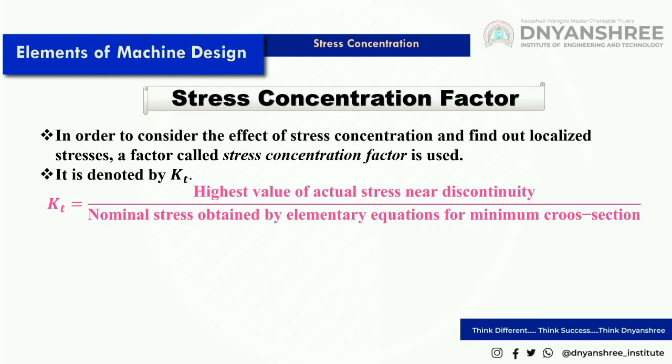So Kt is sigma max divided by sigma t. This factor is considered while designing any component in which abrupt changes in cross section or discontinuities are present.